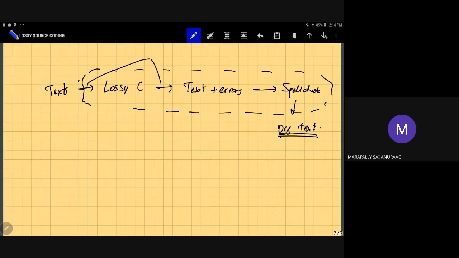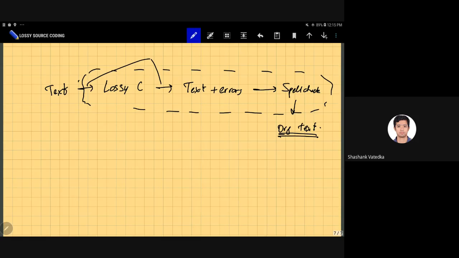Yes, sir, but the spell check is in essence giving us more information, right? Correct. So do we include that in the entropy part? So if you are using an optimal lossless compression algorithm, then it is already taking care of that additional redundancy of the spellings and everything else.